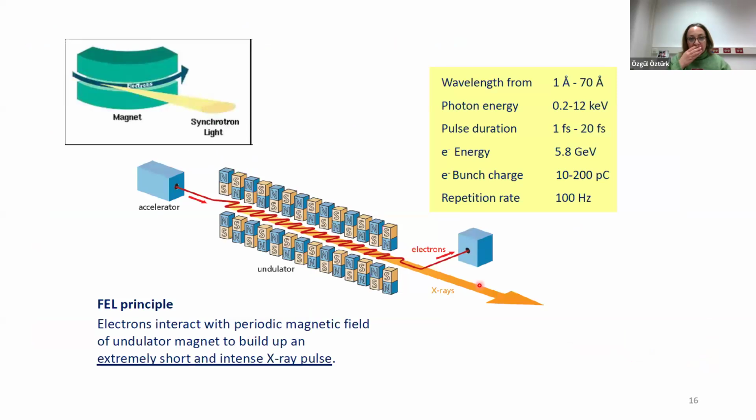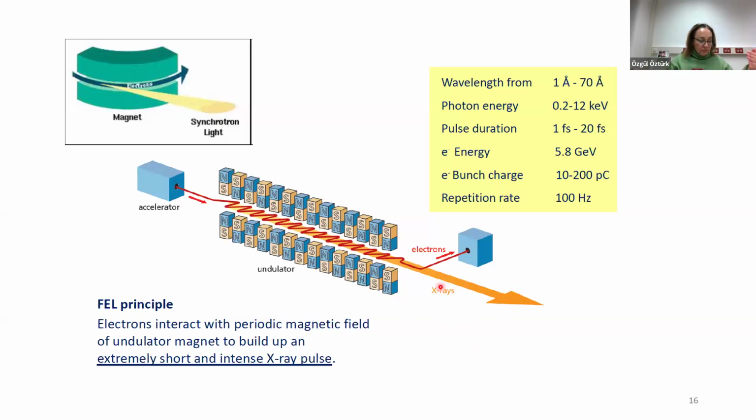So what is the principle of the free electron laser? The accelerated electrons race through a device called an undulator, where periodic arrangements of magnets force the electrons onto a tight slalom path. In the process, each individual electron emits X-ray radiation that amplifies more and more. This amplification process is induced by the interaction of the X-ray radiation with the electrons.